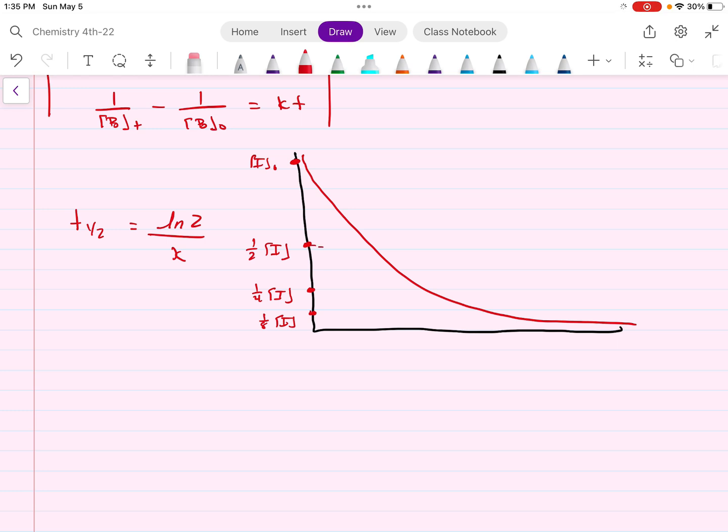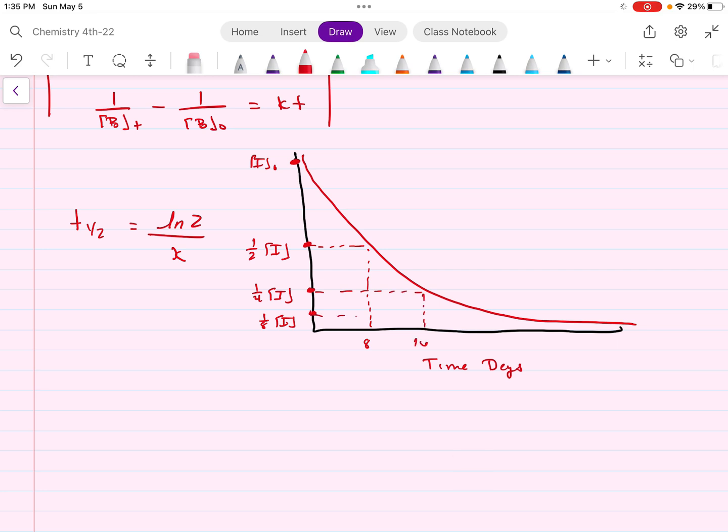And then what the half-life tells you is how much time passes for half of that concentration to dissipate. Let's say our time is in days. So let's say the first half-life takes 8 days, and then the second half-life is going to take 16 days.